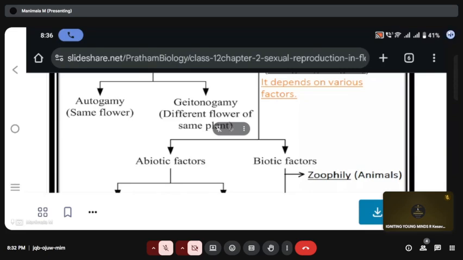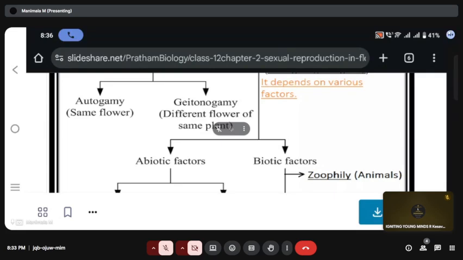There is no variation; that comes under disadvantage. The advantage is that parental character or purity of race is followed by the next generation. Also, the plants need not produce a large number of pollen grains.